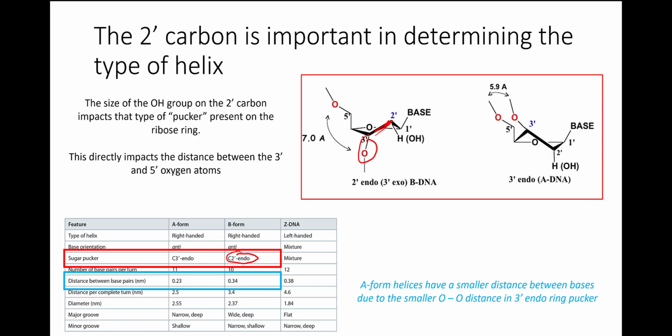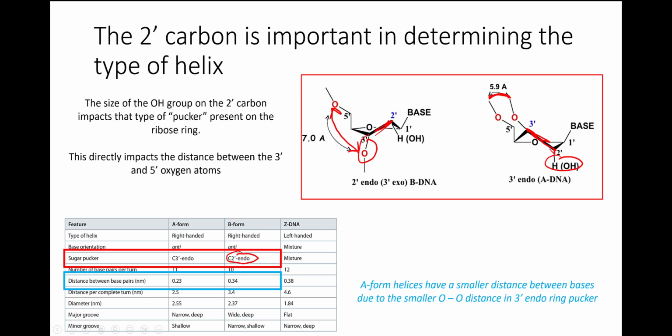If we're dealing with A form, then this 2' OH group is oriented down and the 3' is oriented up. So the big take-home message is that the sugar structure is different, and that impacts the distance between these bases. In A form DNA, the bases are closer together than they are in B form DNA. For that reason, the A form helix is compressed. It widens, it fattens out, and then it gets compressed.